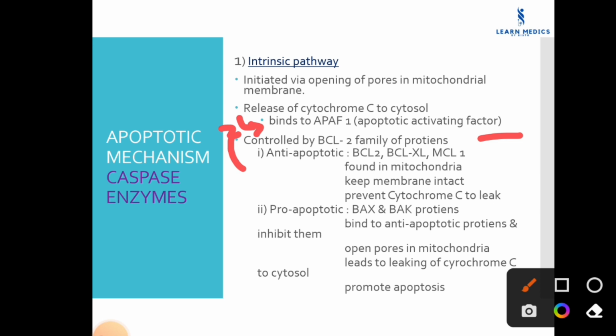There are two types of BCL2 family proteins. The first is anti-apoptotic, which restricts the apoptotic mechanism. The other is pro-apoptotic, which leads to initiation of the intrinsic pathway and to apoptosis. So the balance between anti-apoptotic and pro-apoptotic proteins present in the cytosol determines whether the cell undergoes apoptosis or not.